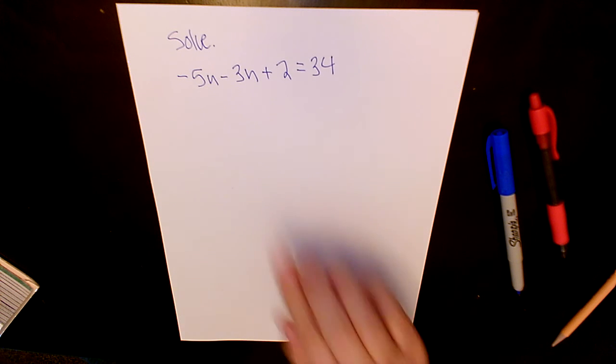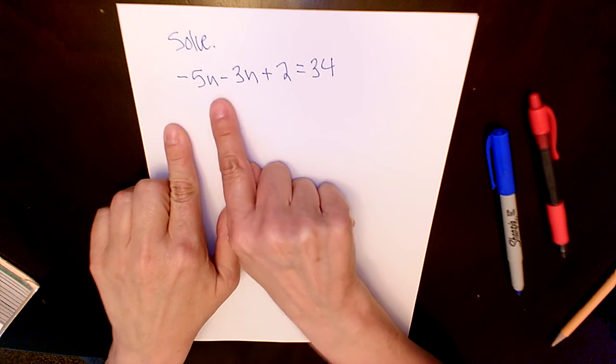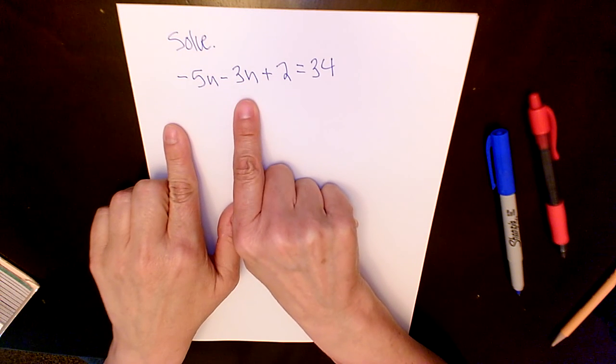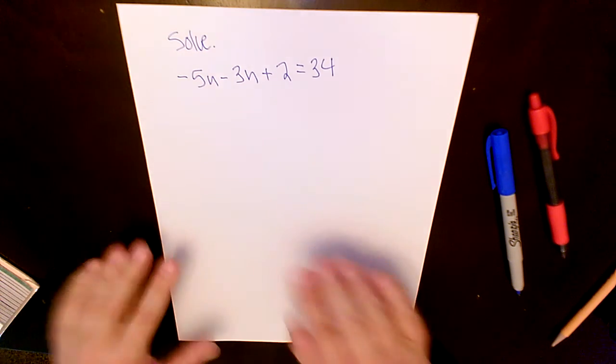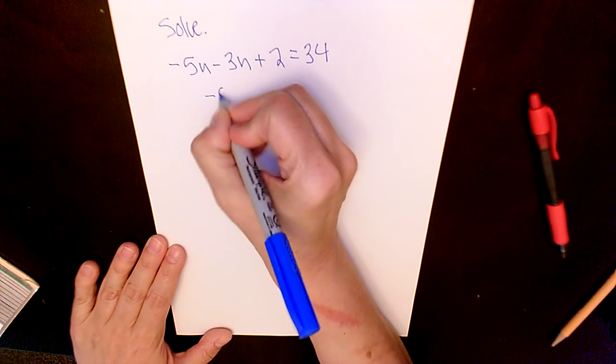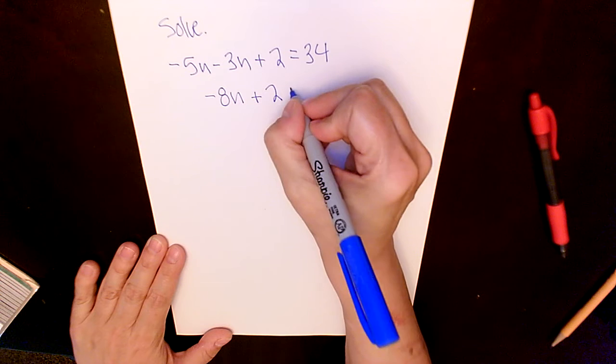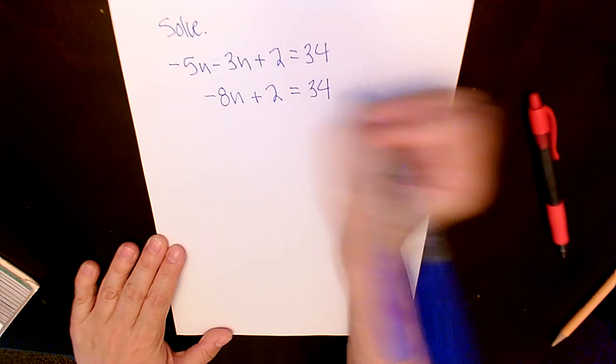So we do have like terms right here. I have a negative 5n and a negative 3n. I can put those two together. Since they're both negative, we're going to add them. So I get negative 8n plus 2 equals 34.